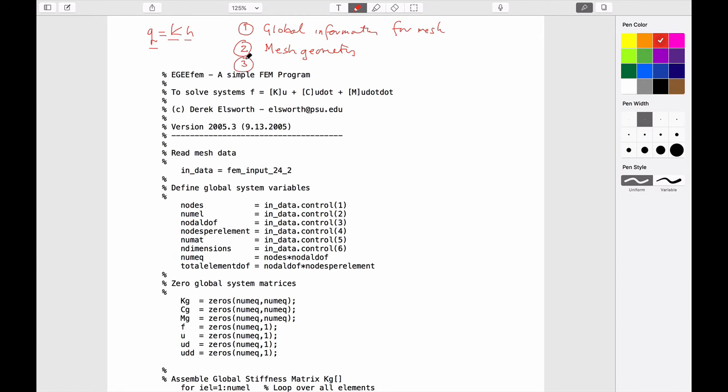Third would be material properties. Actually, 3 and 2 might be switched, but it doesn't matter. And 4 would be initial conditions, which we don't have yet, or boundary conditions.